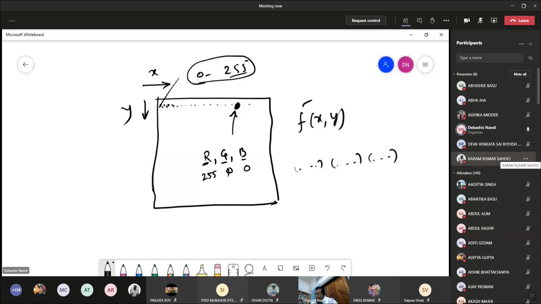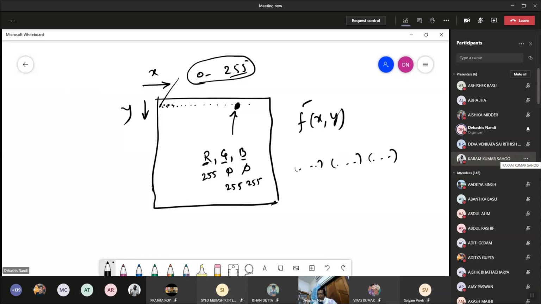And if green is 255 and B is also 255, meaning all are 255, then this point is a white point. For other values of G and B, other colors will be represented.